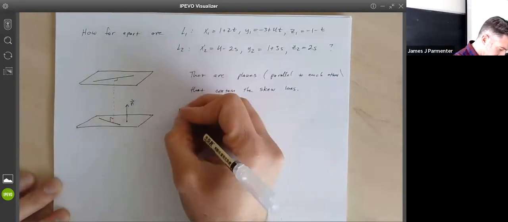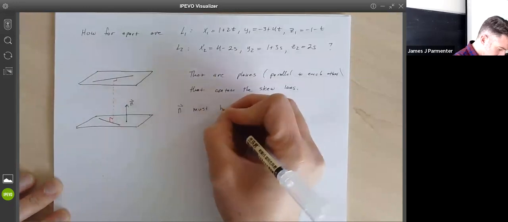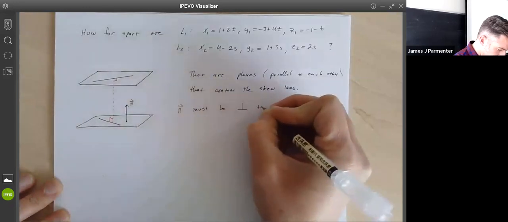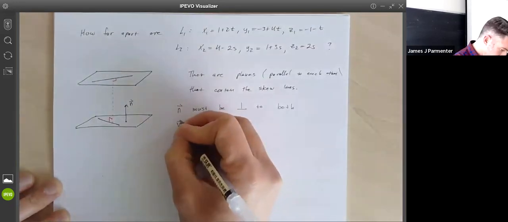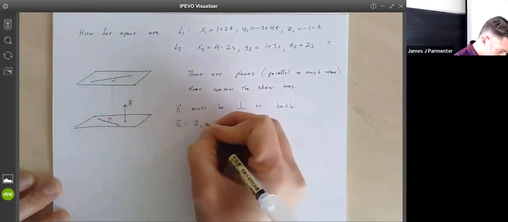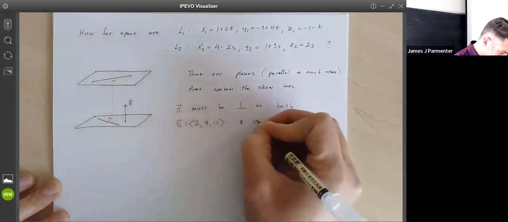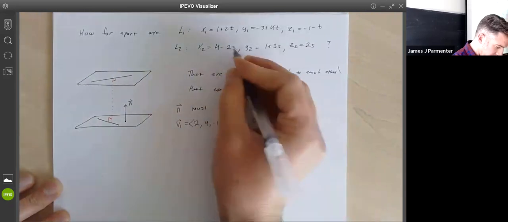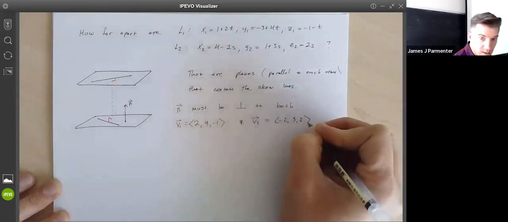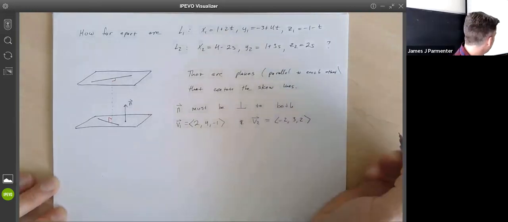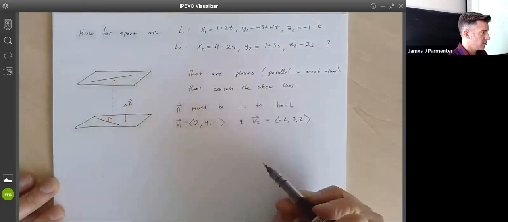So this n here must be perpendicular to both the vector for L1, which is 2, 4, -1, and the vector for L2, which is -2, 3, 2. All right, can anybody tell me, if you're trying to find a vector that's perpendicular to other vectors, what do you do?